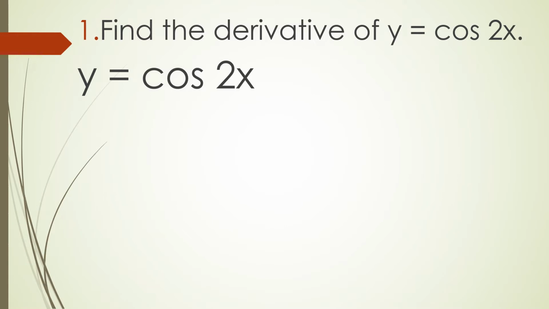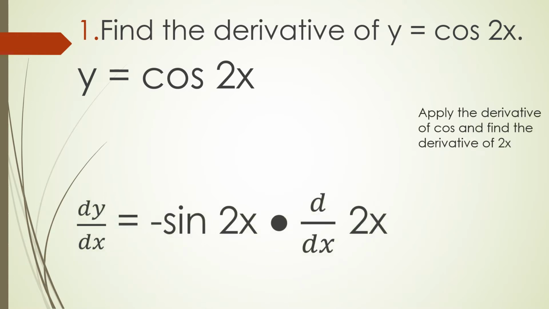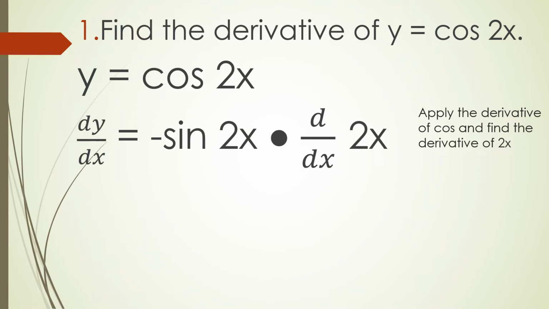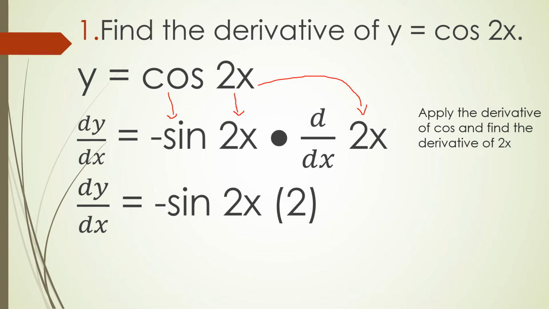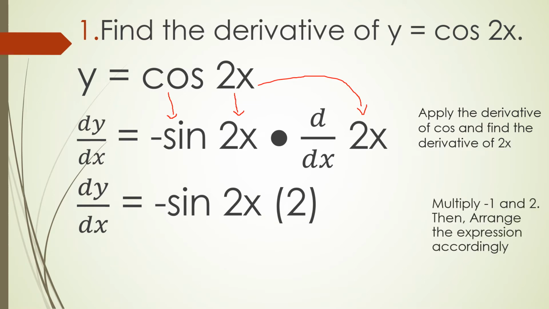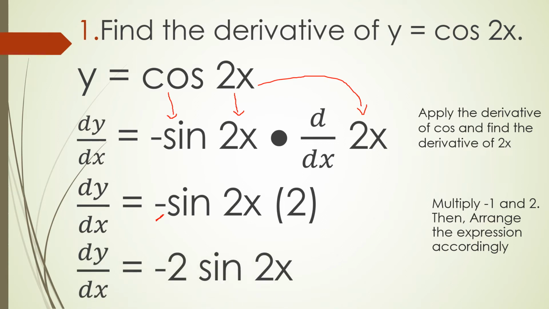Apply the derivative of cosine, which is negative sine. Copy 2x. What's the derivative of 2x, class? That is 2. So we have negative sine 2x times 2, multiplied by negative 1. Negative 1 times 2 gives us negative 2 sine 2x.